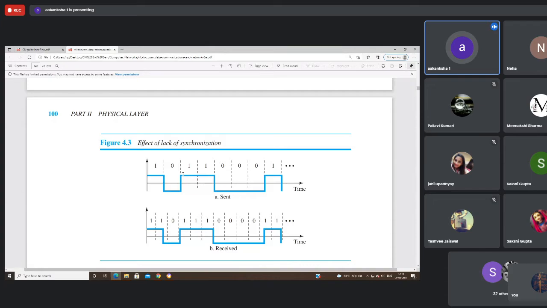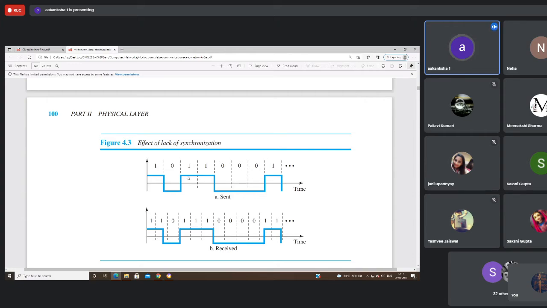But again, when the second 0 has been finished by the sender, the receiver has not finished. So the sender has sent 2 bits in the same time duration, but the receiver clock has counted 3 times, so it has interpreted them as 3 bits, 110.